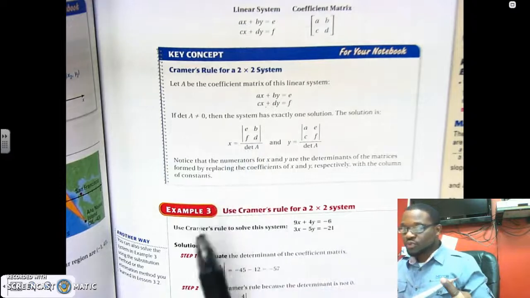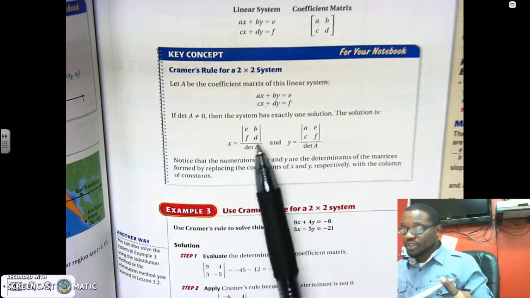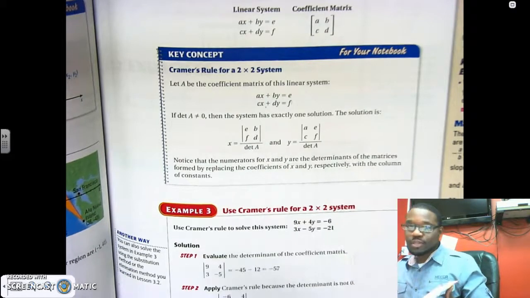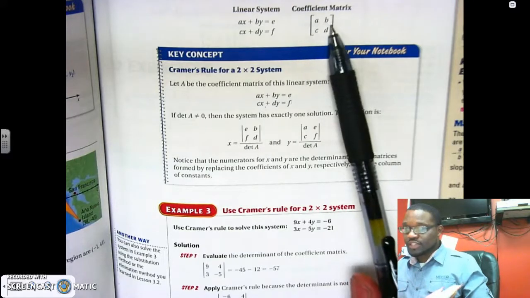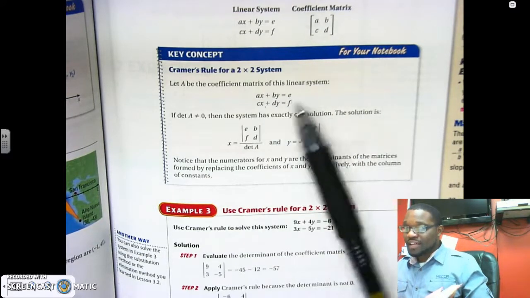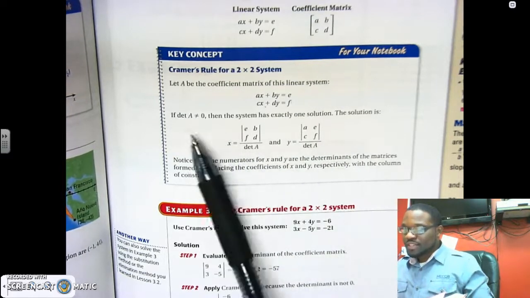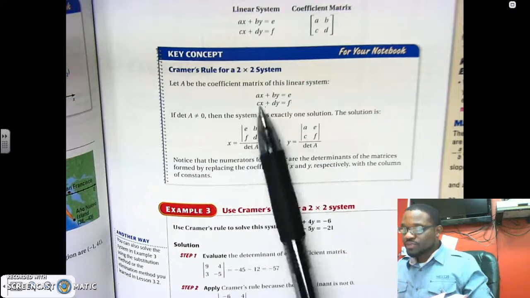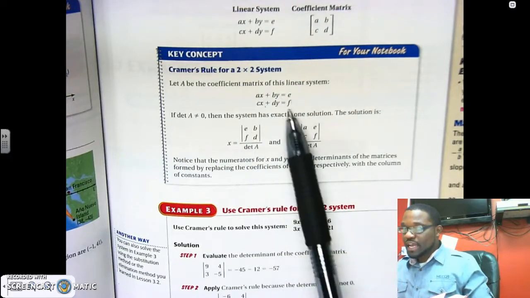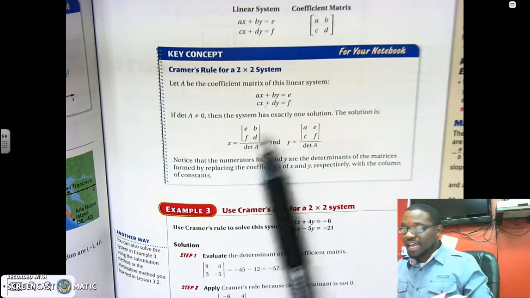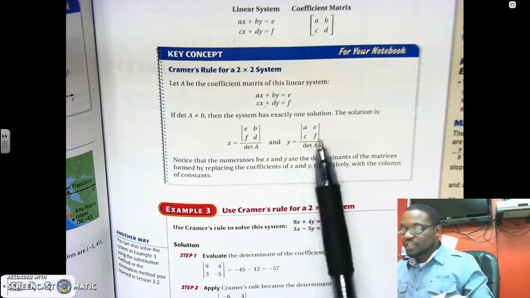Now, Cramer's rule says that once you find the determinant, well, let me rephrase that. The determinant of the coefficient matrix is important, and I'll show you this in an example. You will divide the new matrices. Now, you say, what new matrices? These right here are important to remember. If this is the pattern, look at E and B and F and D, and E and A and F and C. Anyway, look at the order.